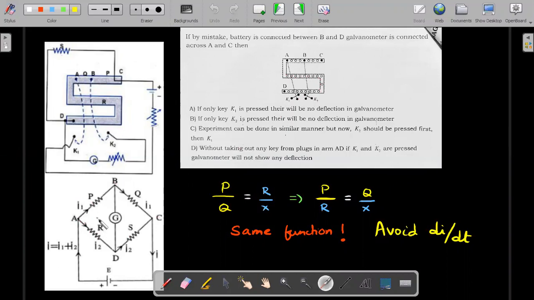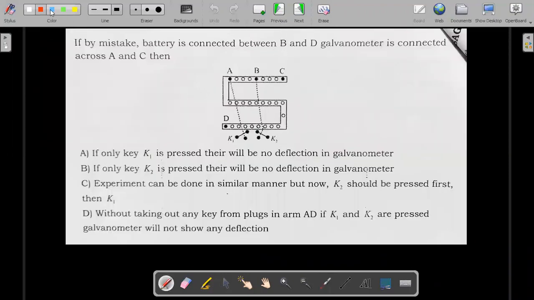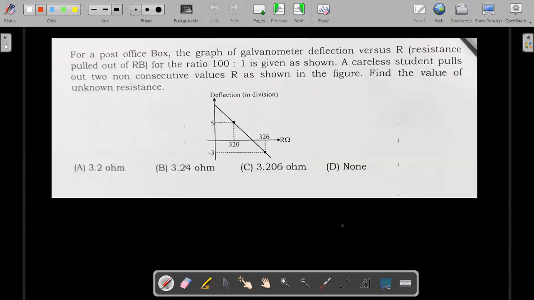Remember, if R is either 0 or infinity, then you cannot have a balanced Wheatstone bridge with finite values of P, Q and S. Therefore, in that case, galvanometer will definitely show deflection once both keys are pressed. So D is the only incorrect option, and D is something where he's checking your patience about Ohm's law and Kirchhoff's law. So the answer for this particular question should be A, B, and C. Simple. Let's move to another one.